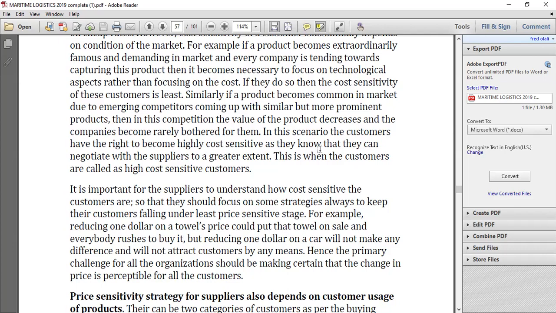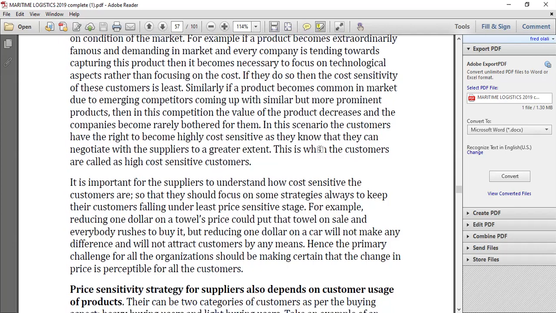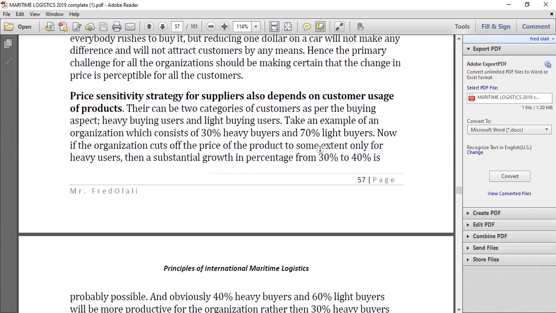But reducing $1 on a car will not make any difference and will not attract customers by any means. Hence, the primary challenge for the organization should be making certain that the change in price is perceptible for all the customers.